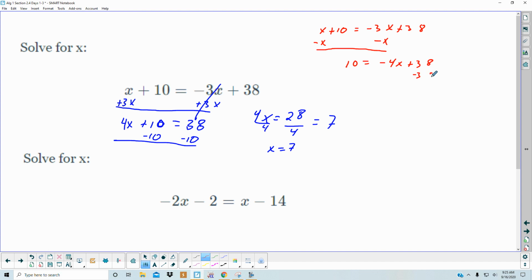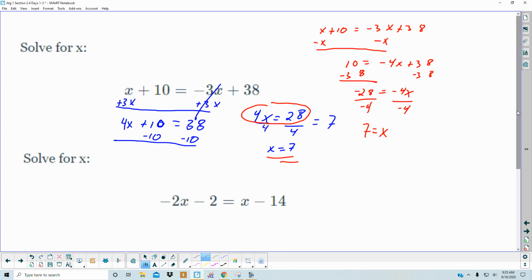Then I have to subtract the 38. So I have negative 28 is equal to negative 4x. So notice it's the same as this, just everything's negative. Now when you divide by negative 4, you get 7, just like we did doing it the other way. All right? So it doesn't matter which side you move the variable to.